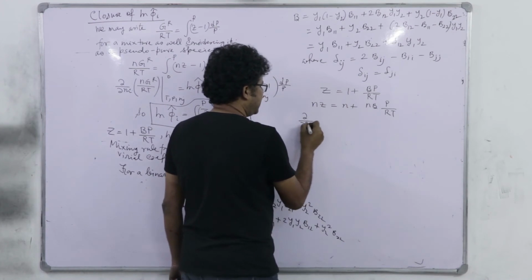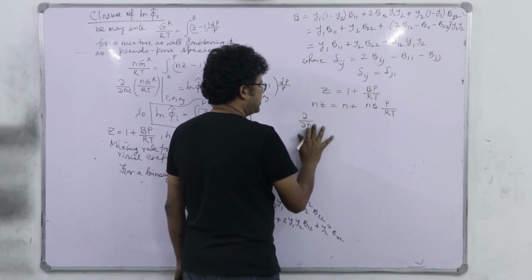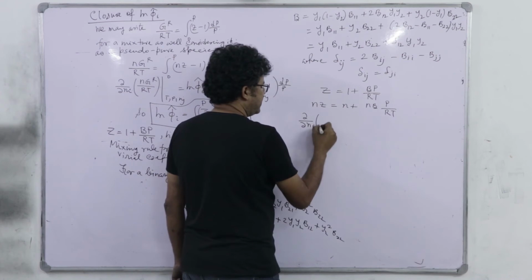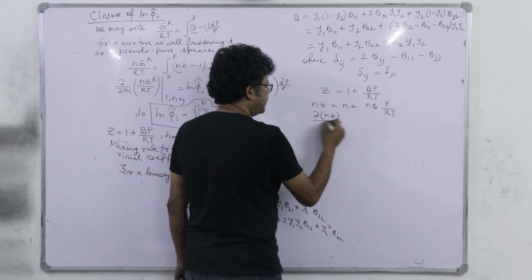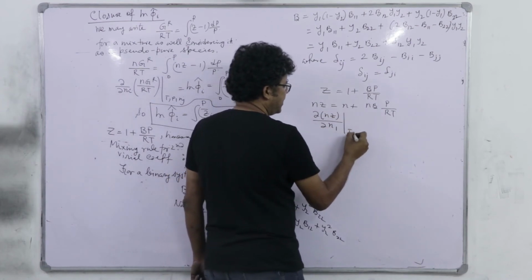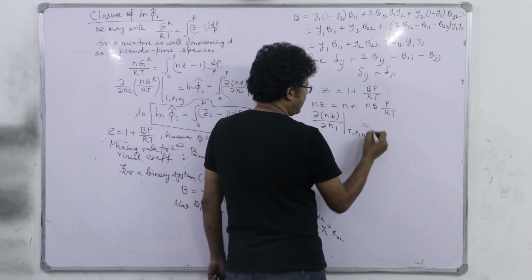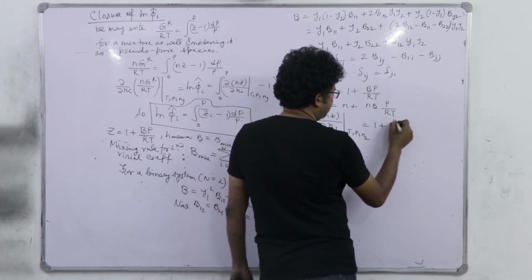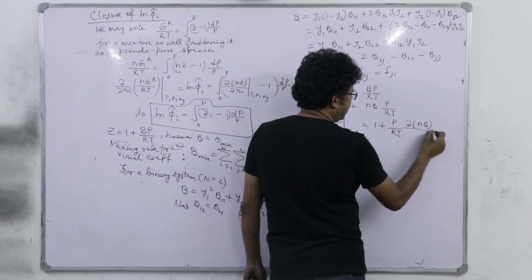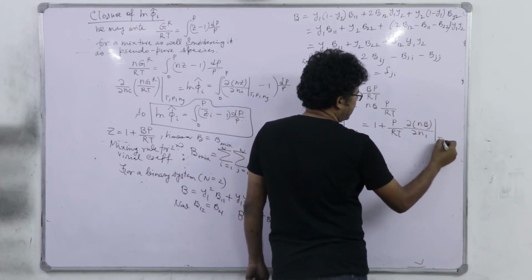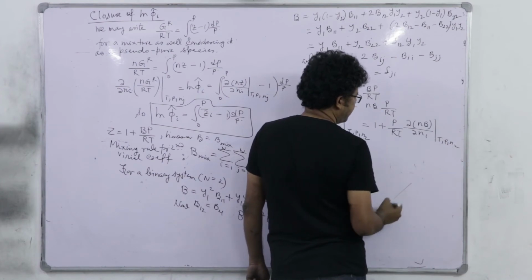So, let us say we are trying to find out phi 1 cap. del of NZ by del N1 at T, P, N2 is equal to 1 plus P by RT del of NB by del N1 at T, P, N2, right.